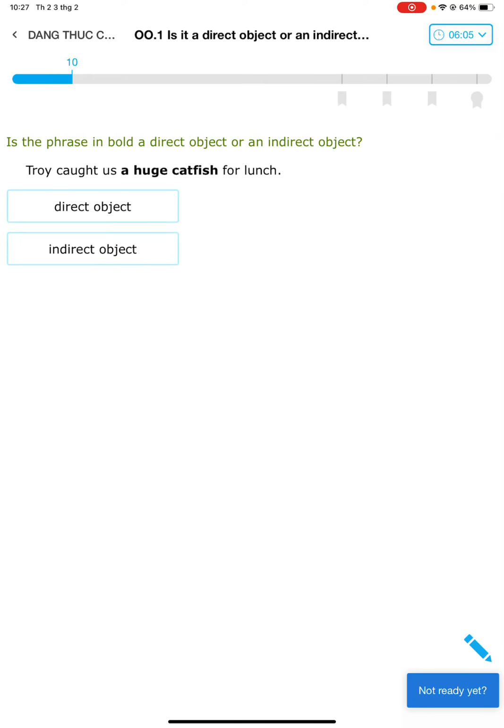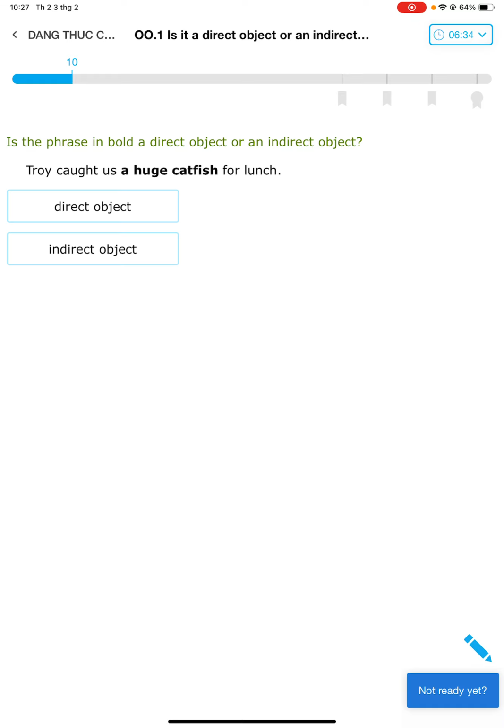Troy caught us a huge catfish for lunch. A huge catfish for lunch. I can see caught is the verb. Let's ask a question: what did Troy catch? A huge catfish.